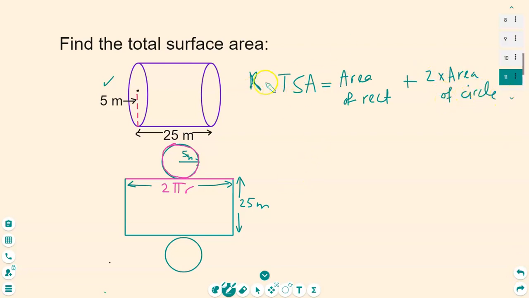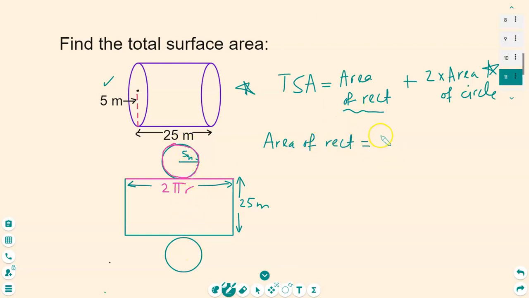And then, so this is our general plan. So stick to it. This is our planning formula. And I'm going to calculate each of these separately. So first I'm going to find area of rectangle. So if you know the area of 2D shapes, you know the surface area of 3D shapes, because you're just adding up a bunch of 2D shapes.